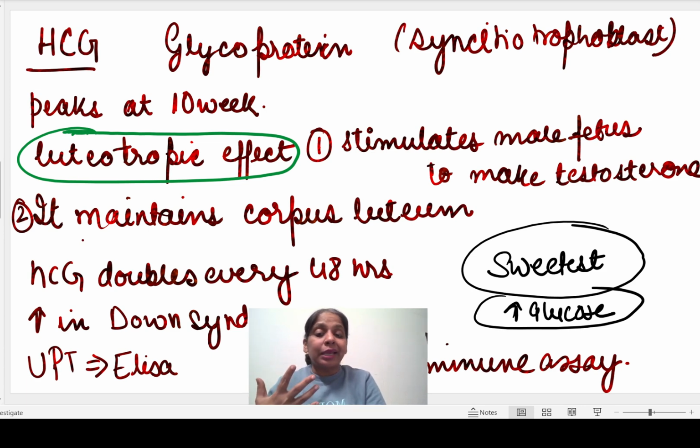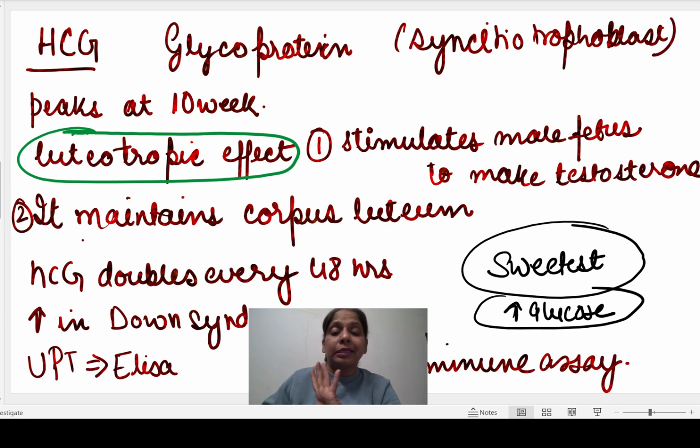So it has been asked like this: HCG is structurally and functionally similar to FSH, LH, TSH, and other hormones were given. The beta subunit of FSH, LH, and TSH, all these three hormones, is similar to HCG, but only the function of HCG and LH is the same, so the answer is LH. That is why it has luteotropic effect.